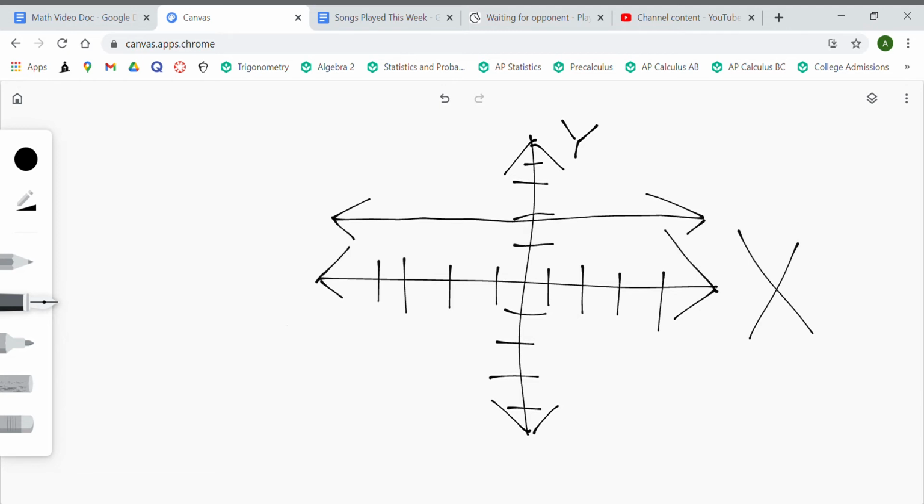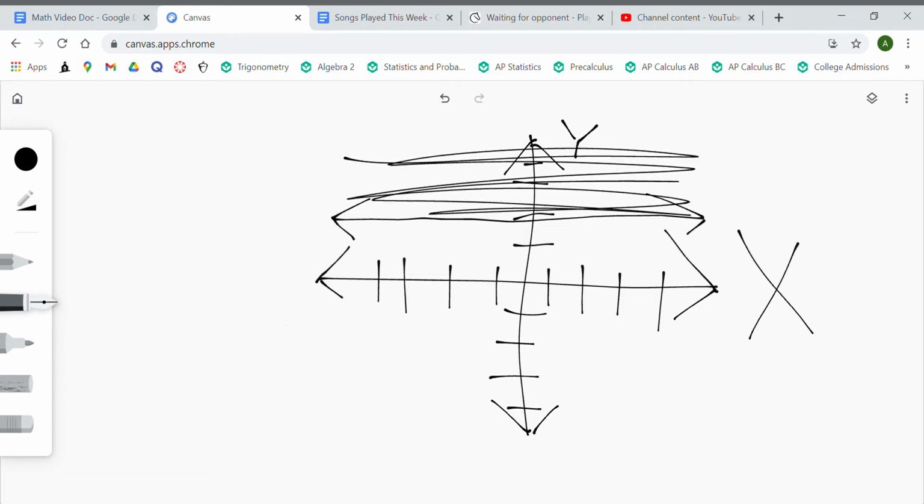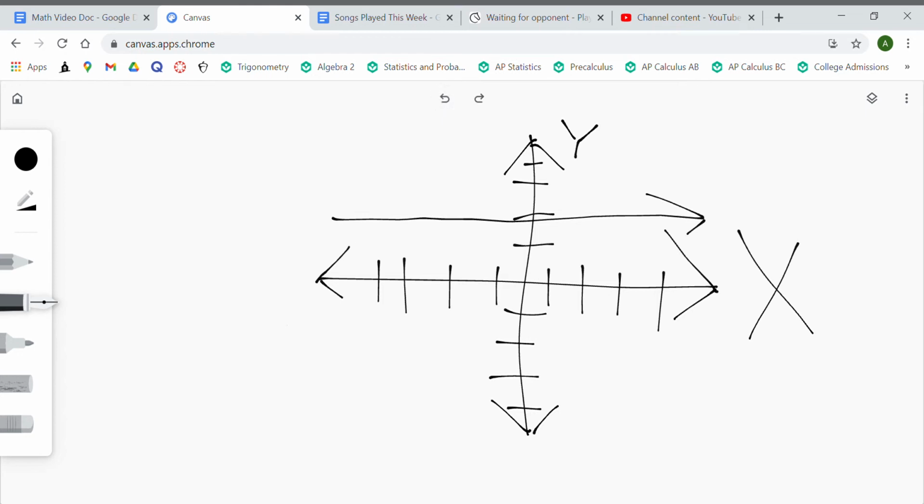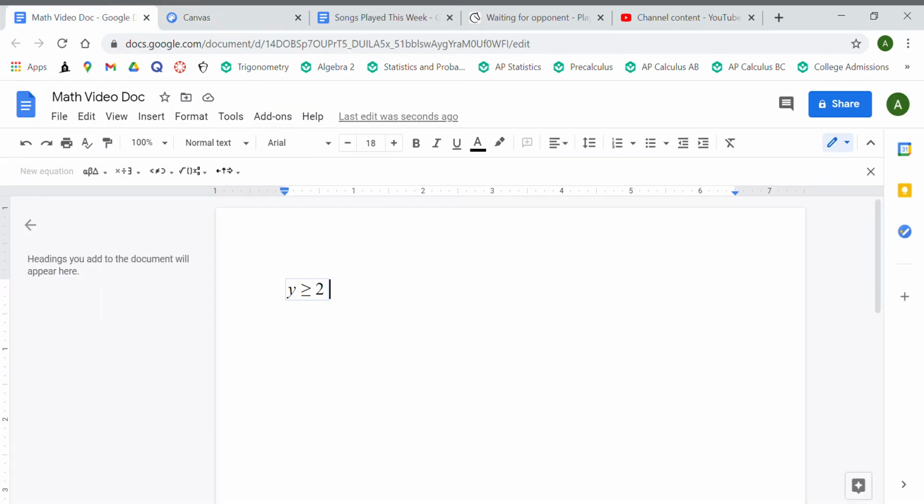If you have a greater than or equal to sign, you must shade above the line. And that, my friends, is how you graph an inequality in a coordinate plane. Or at least a 1D one. Sounds weird to say it, 1D.